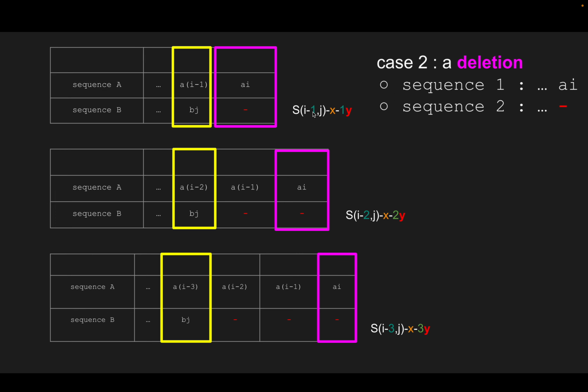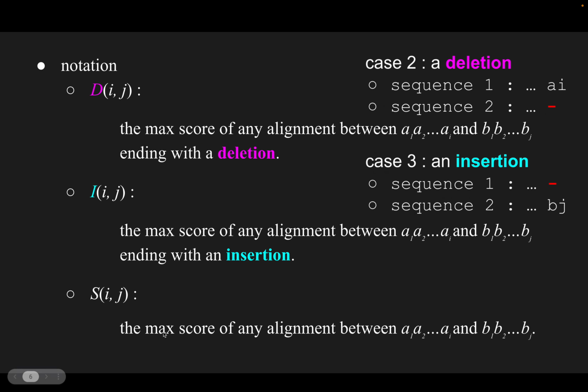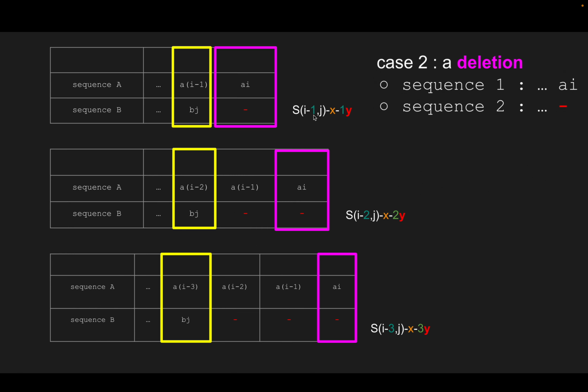S_{i-1,j}. Don't forget the definition: S_ij means the maximum score of any alignment between A1 to Ai and B1 to Bj. Here we have i minus 1 because we didn't take Ai into account, meaning the best score we can have from A1 to A_{i-1} and B1 to Bj.